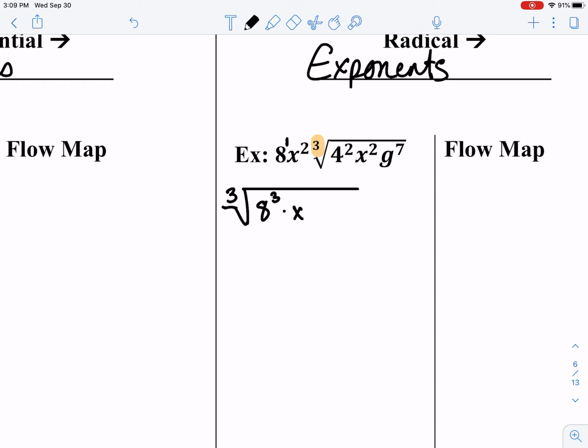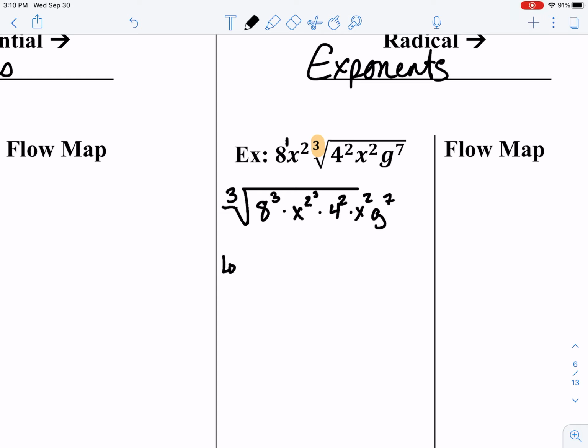Let me go x squared to the third times 4 squared times x squared g to the 7th.